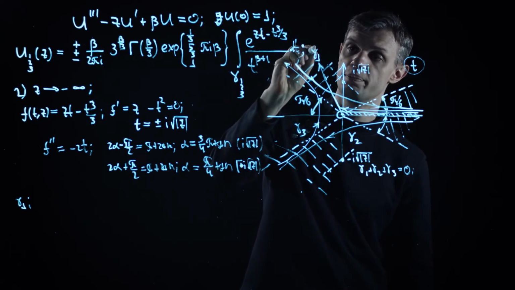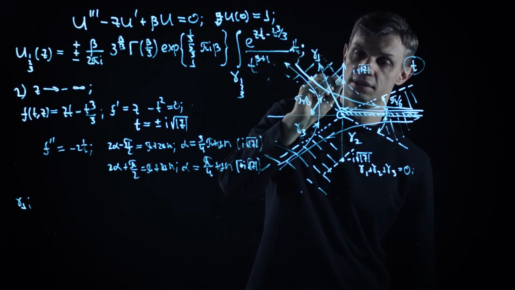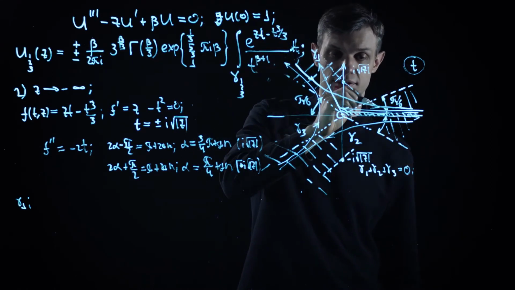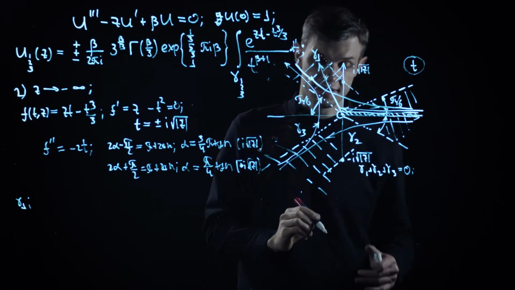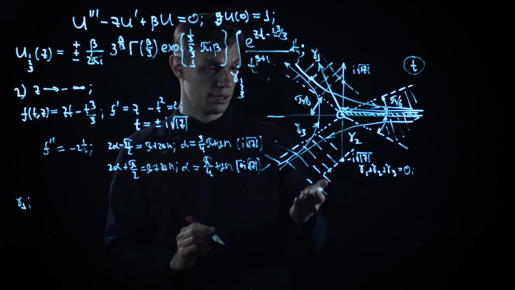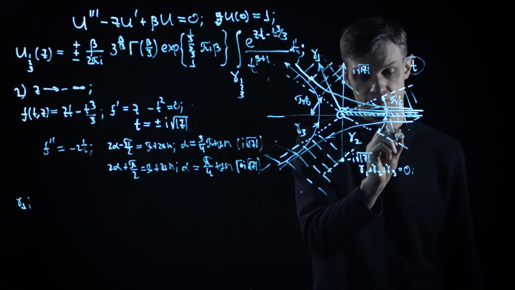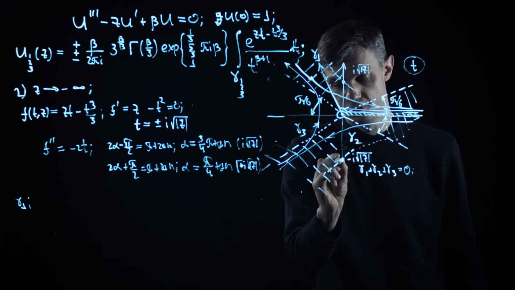One of them passes through the saddle in the steepest descent direction. The same thing is true for the lower solution, because again it passes through the saddle in this steepest descent direction.